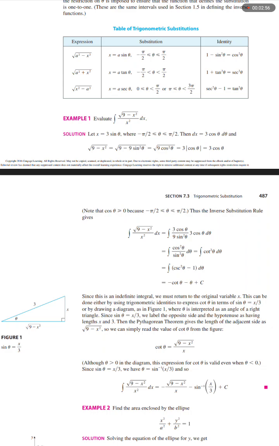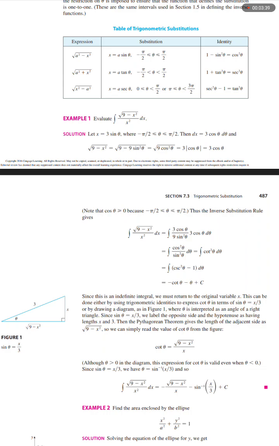Since sine theta equals x over 3, we label the opposite side and the hypotenuse as having lengths x and 3. Then the Pythagorean theorem gives the length of the adjacent side as the square root of 9 minus x squared, so we can simply read the value of cotangent theta from the figure.